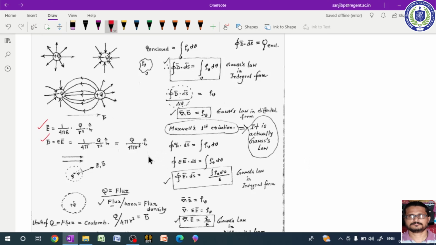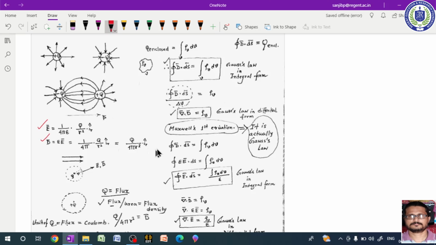I want students to clear the actual object, and in my theory I will clear it 100%. So kindly listen to my every word to get a crystal clear concept. My words were: if the charge value is Q, the flux will be Q.